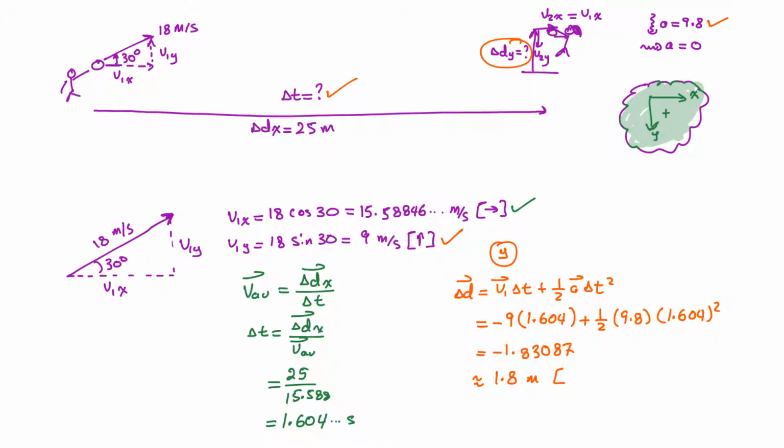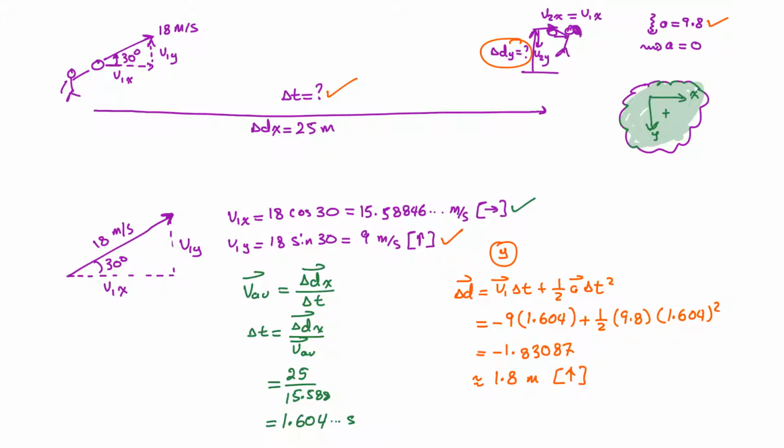So I'm going to put an arrow in the up direction as my direction, and that makes sense because in this case, Mary has jumped to catch the ball, and if she has jumped, it would make sense that she's caught it 1.8 meters above the initial throw. This is a little bit unrealistic in terms of jump, but we can assume that Mary is very, very strong and she can actually do a jump that high.